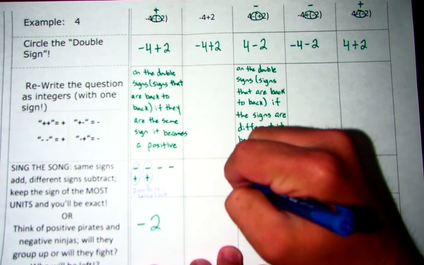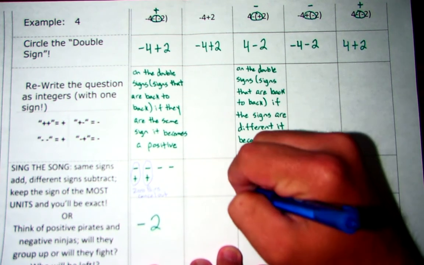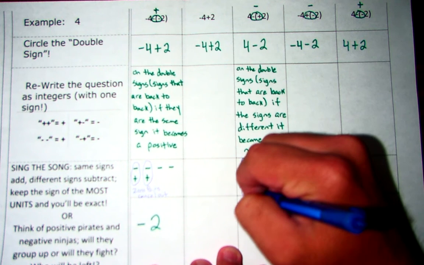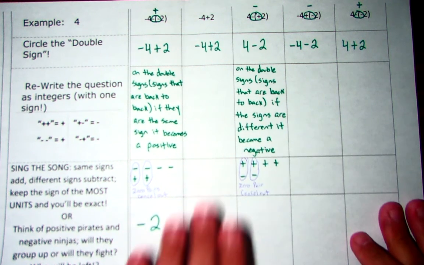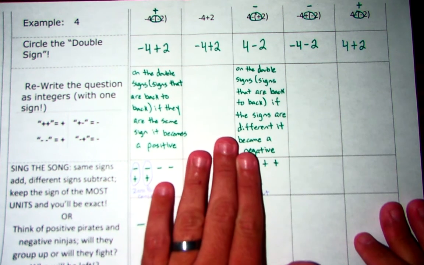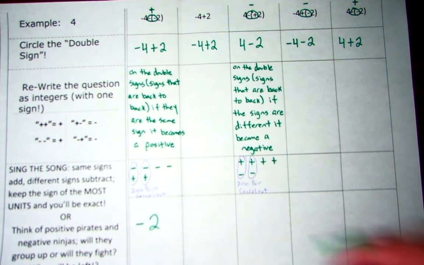They canceled each other out, so it's a zero pair. So if we cover it up after they cancel each other out, what was I left with? I was left with 2 positives. Well, there's your answer of a +2. Okay.